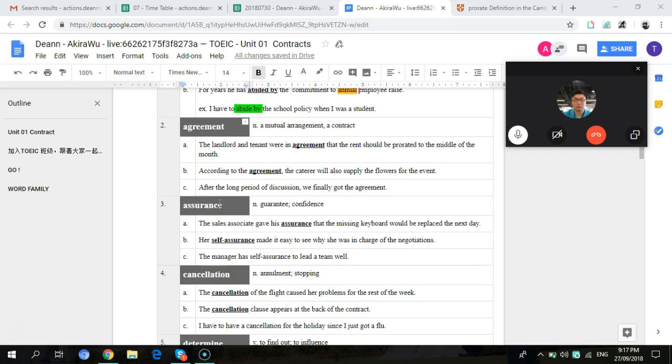Yes, you will sign an agreement with the owner about the terms that you should follow, so that you will be able to maintain a harmonious relationship with the owner, and so that both of you can benefit. Okay, so that is an agreement. Now, do you still have any questions with the word agreement?